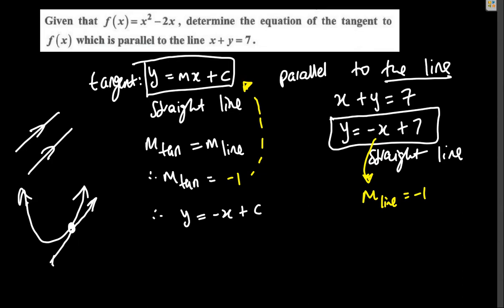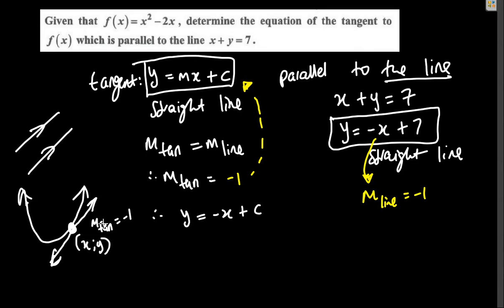That is our tangent there, right? We only know that the gradient of this tangent is -1, but we do not know at what point the tangent is passing. How can I get the point at which the tangent is passing so that I can substitute that point into the equation, then I get the answer?